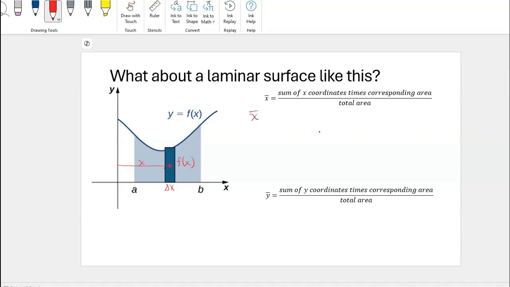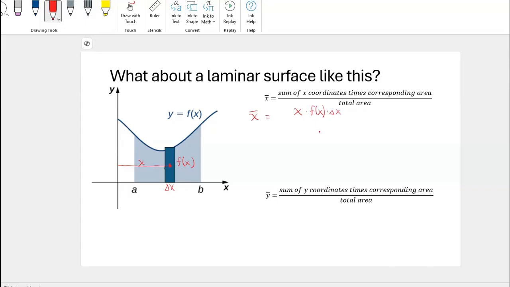However far it is away from the y-axis, that's x. So my x bar is going to be just x on the top, times the corresponding area. Well, what's the area of this blue rectangle? Well, that's literally just going to be f of x times delta x.